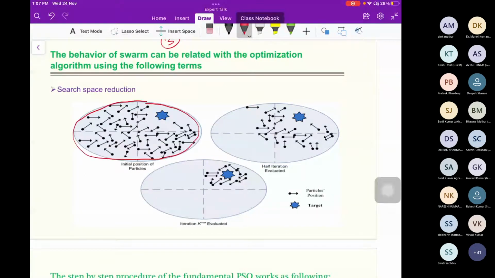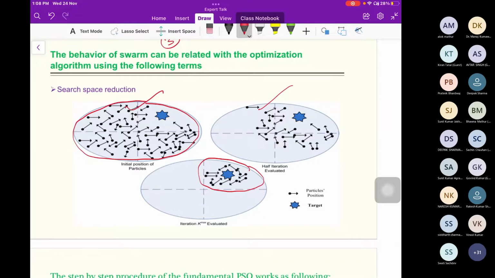So in this condition, how will we apply the PSO algorithm for optimization? First of all, we will define the objective function and problem formulation, and after that we will initialize the parameters. What are the parameters? NP means number of particles, number of dimensions.